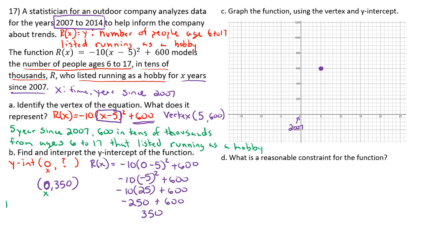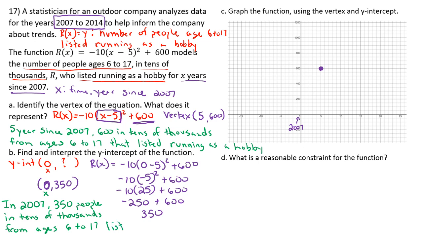So in 2007, 350 people in tens of thousands, so a lot of them, from ages 6 to 17 listed running as a hobby.